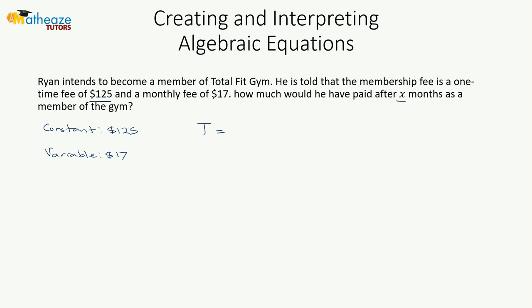So we have a constant of $125 and we have $17 each month, so after X months he would have paid 17 multiplied by X. So in this case, the cost of being a member of that gym, let's call it T, is going to be 17X plus 125. So this is $17 a month plus $125 fixed rate or one-time membership fee.